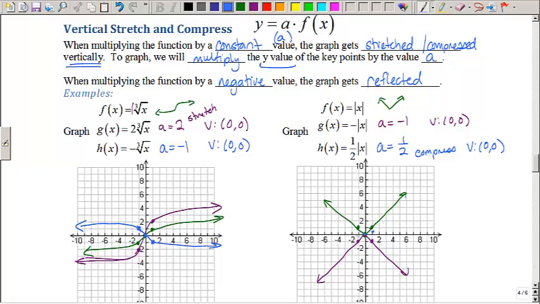Instead of going left 1 and up 1, I'm going left 1 and up 1/2, which makes my V shape much flatter or wider. Technically, the graph is not getting any wider. All the points on this green line are just getting pushed down. They're half as tall as they used to be. So all the points are getting pushed down, so it's really more flat than it is wide, because we're talking about a vertical stretch or a vertical compress.